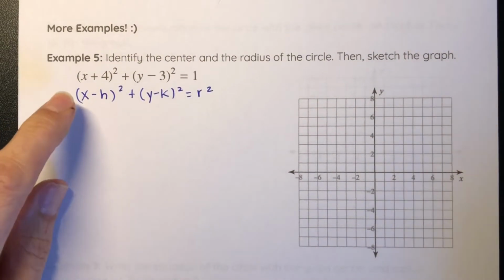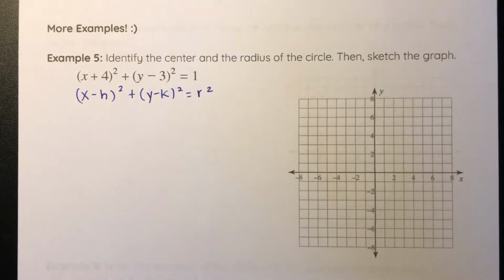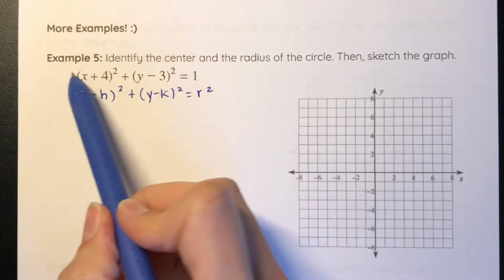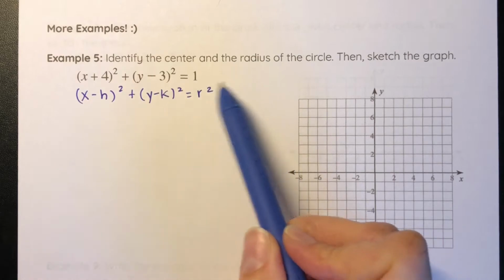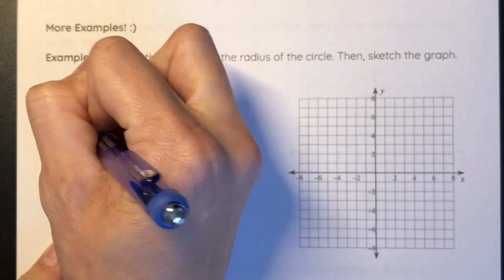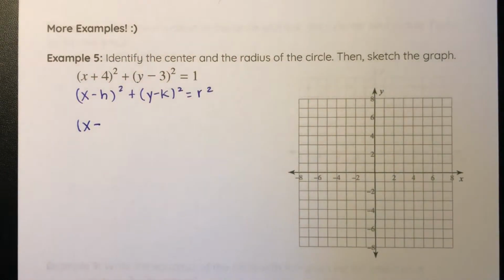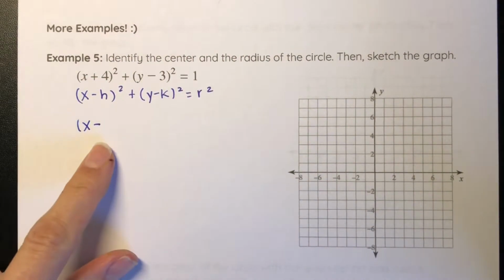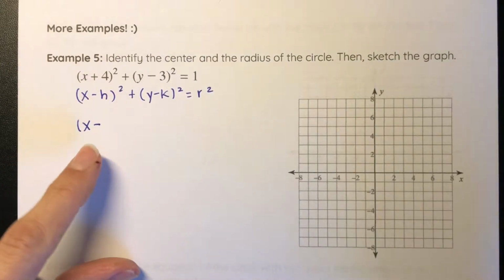Sometimes it's hard for people to see the signs because they can get a little confusing. So what I'm going to do is rewrite the equation that's given using this form. So I will write x minus h, and h has to be something that will make this a positive 4.